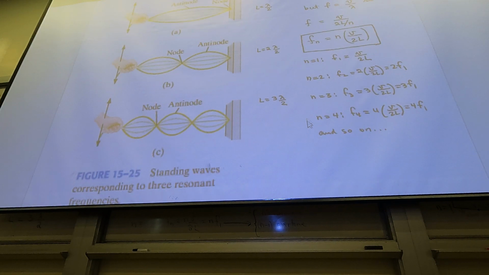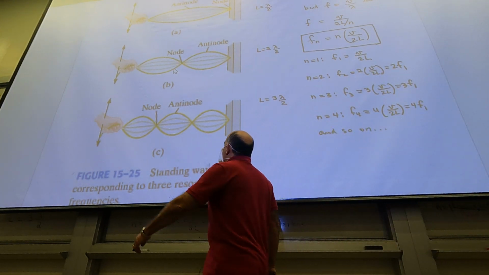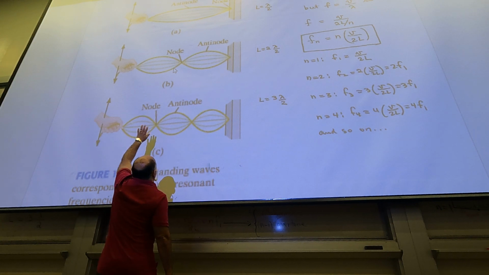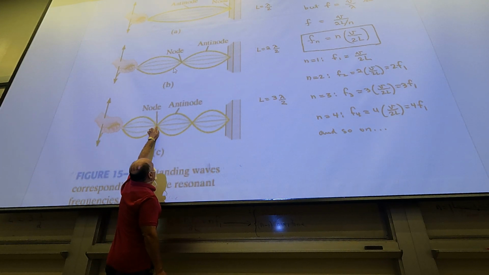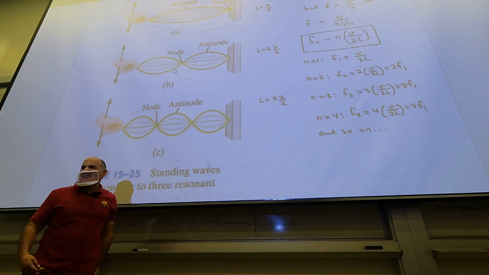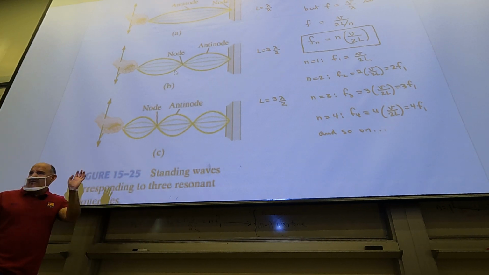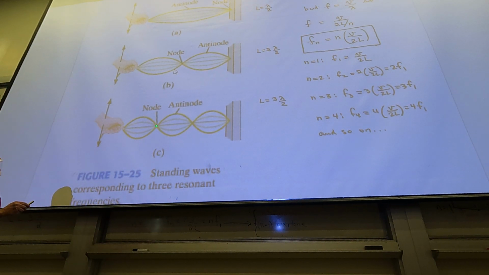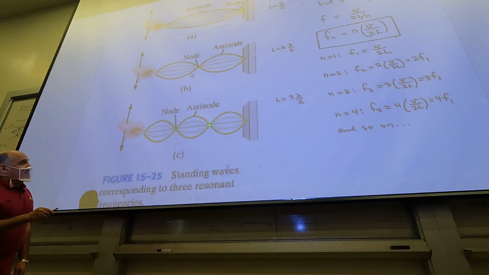And by the way, just the terminology, like this point here in the string, as this string vibrates up and down, up and down, up and down, right? That point is always there. That's called a node. Nothing, the thing never goes up or down. That's called a node. And that's another node.